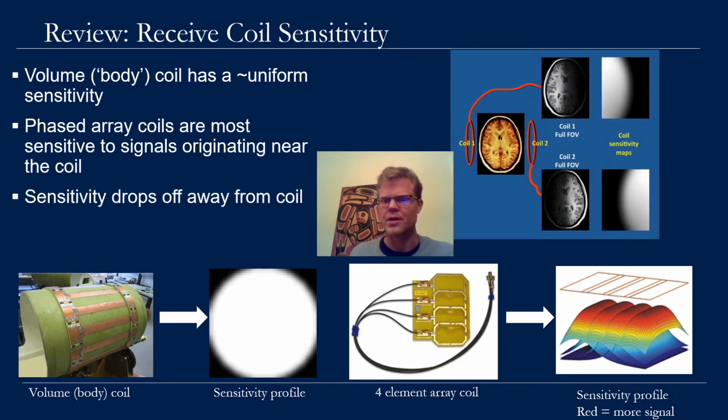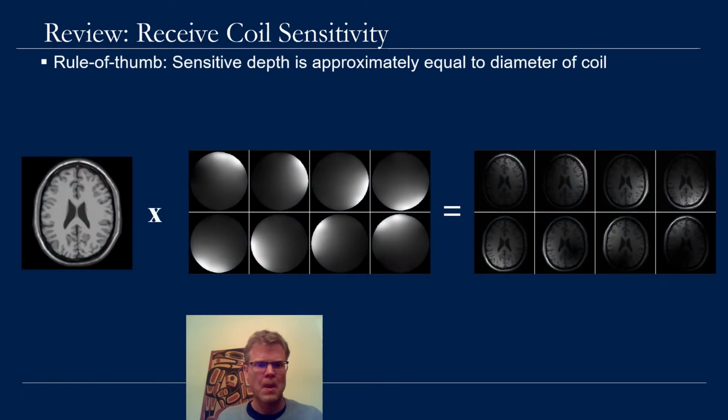Here's another way of looking at that, a simplified example on the head. We have a coil on one side and a coil on the other side, and one coil will give us an image of basically half the head, and the other coil will give us an image of the other half of the head.